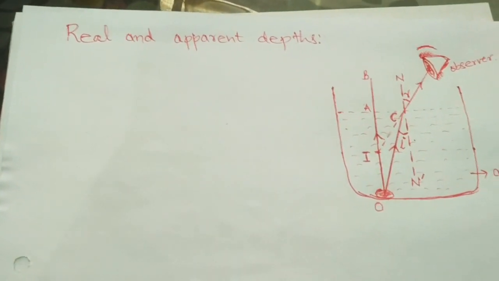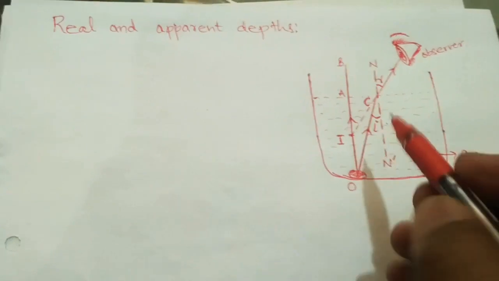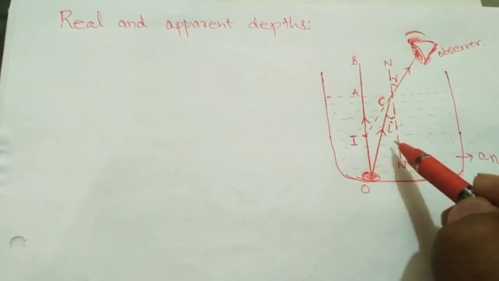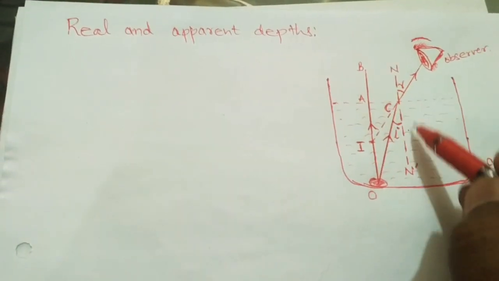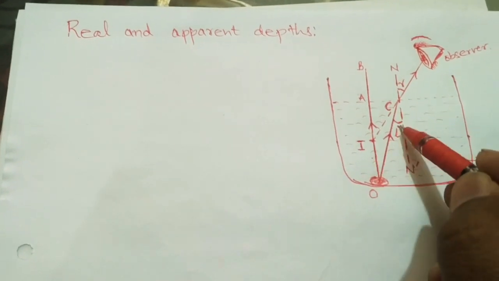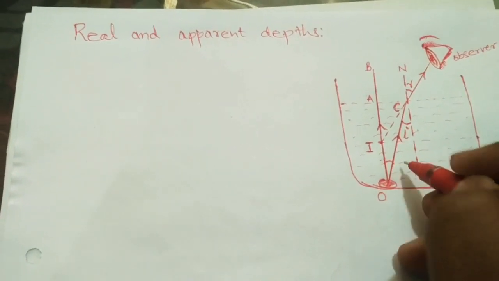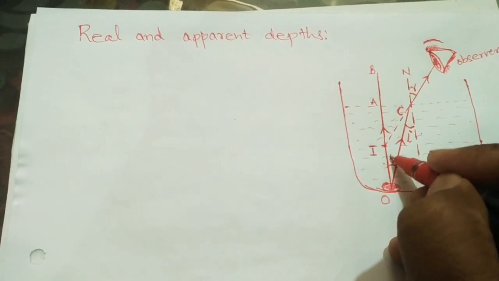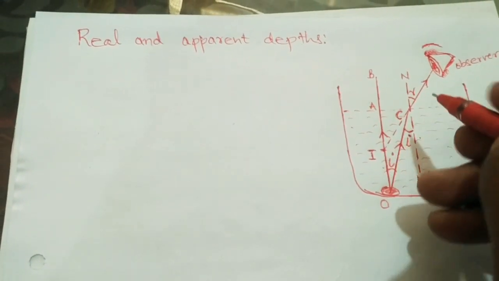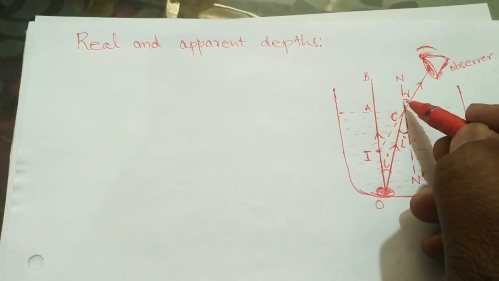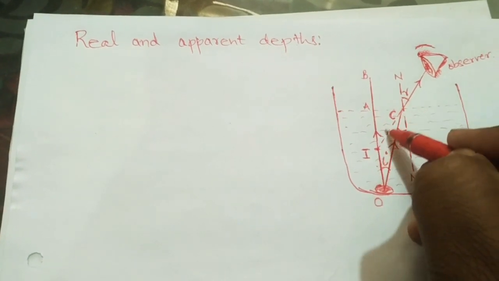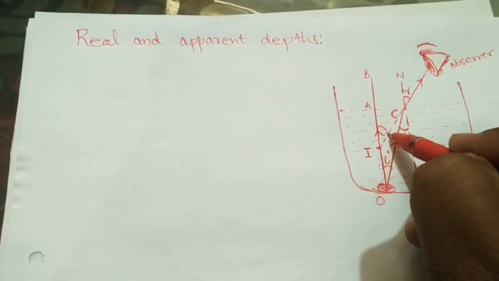In this diagram, we can say this ray and this ray are perpendicular on the surface, so they are parallel. So this angle i and this angle must be equal, means this angle will also be angle i, and in the same way by the corresponding angle, the angle r, and this one angle here will also be r.